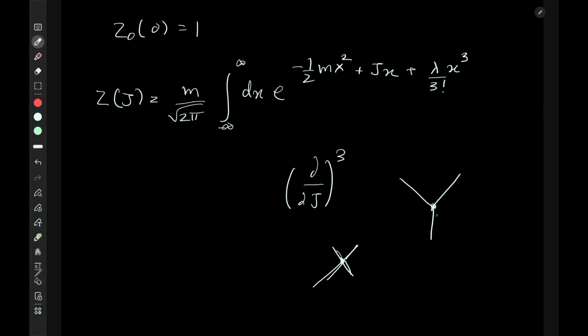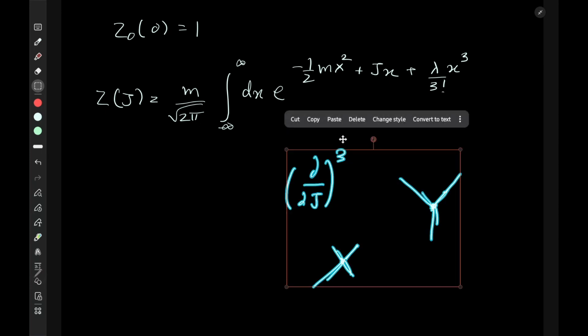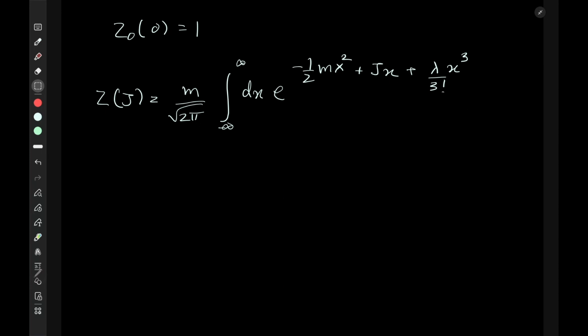This vertex had 4 lines emerging out of it. This vertex has 3. You can think why that is the case, because now the lines are killed by 3 derivatives, and the way to kill 3 lines at once is to form a vertex like this. But anyway, we had 4, and it's interesting to see what kind of diagrams would have emerged from a 3 vertex problem.